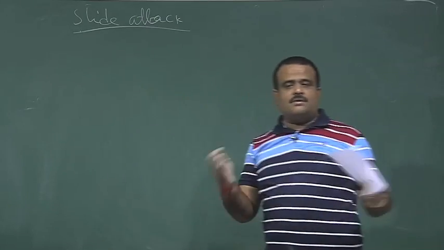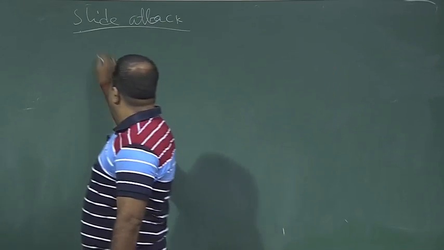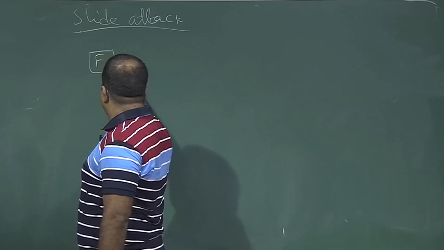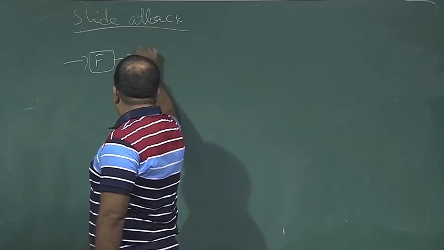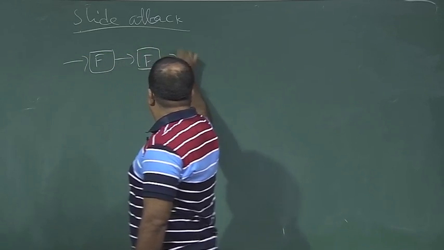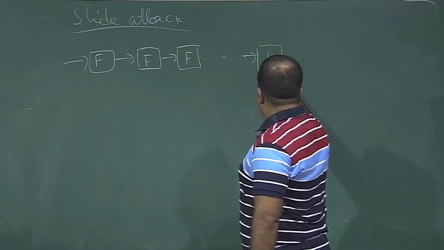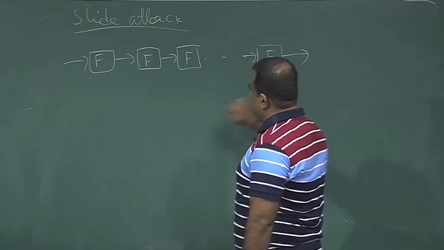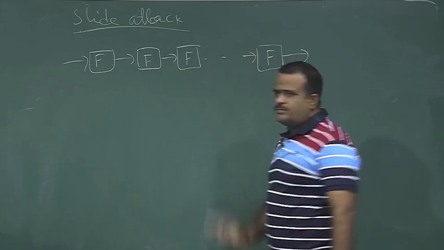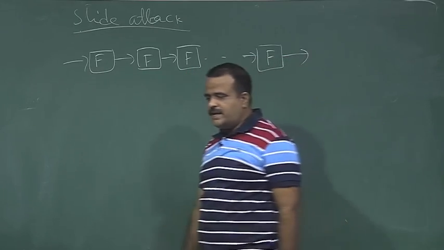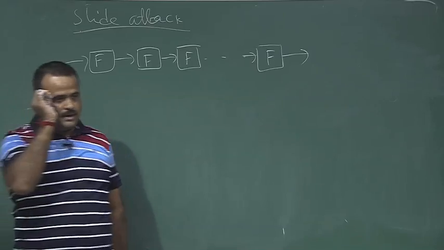The block cipher is R rounds. Here in this attack we assume all the round functions are similar, which is F. So, this is an R-round block cipher. This is plaintext, this is ciphertext. This is an ideal case, where we assume all the round functions are the same.